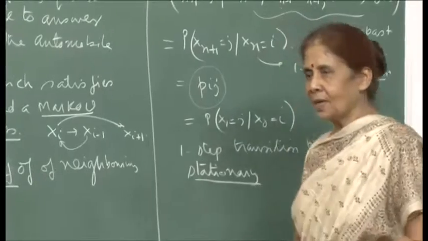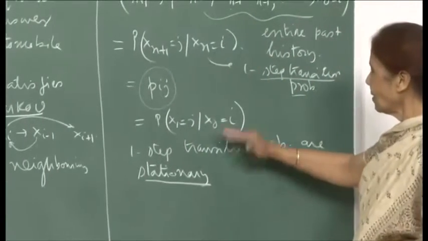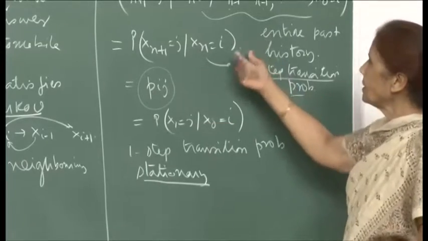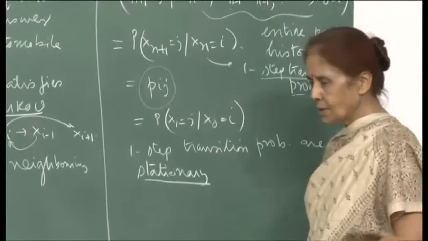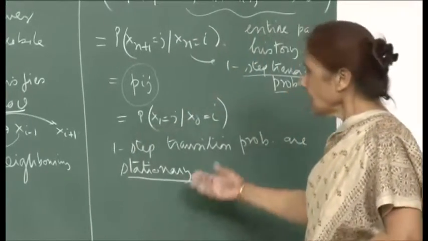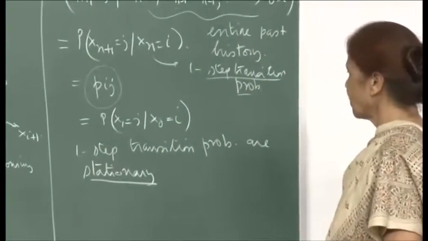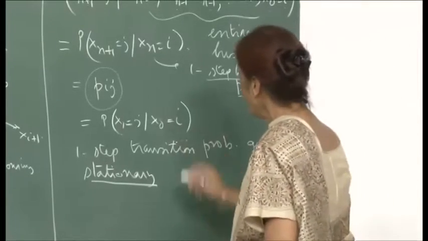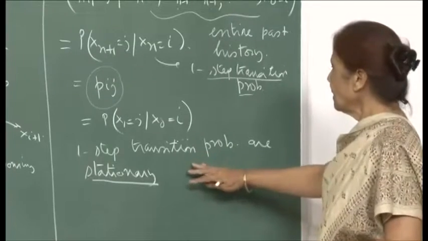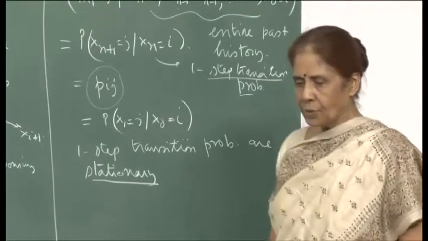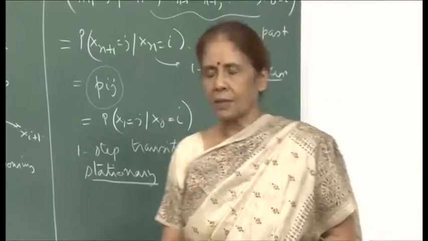So these transition probabilities are not affected by the time period at which you consider the transition. As we go on, we will look at a lot of real life situations where we will see that assuming your transition probabilities have the stationarity property is not very unrealistic.